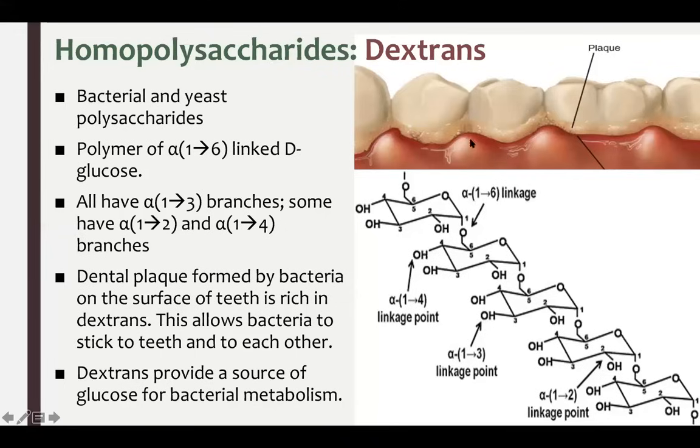Okay, so the dental plaque is rich in dextran, and this is a source of glucose for bacterial metabolism. Okay, so here in the dental plaque, the bacteria get a lot of energy from the dextran molecules, but not from the glucose molecules. Okay.